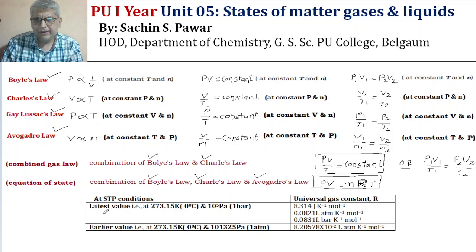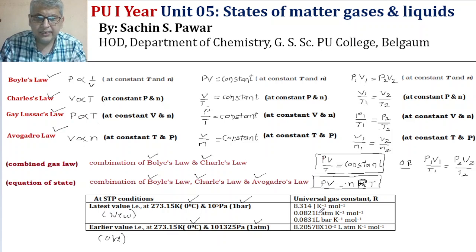Here in the beginning I have taken new STP conditions, and these are old STP conditions. New STP conditions are 0 degrees Celsius and 1 bar; old STP conditions are 0 degrees Celsius and 1 atmosphere. For new STP conditions we have three values of R, depending upon what is given in the data. 8.314 joules per Kelvin per mole is the SI unit.